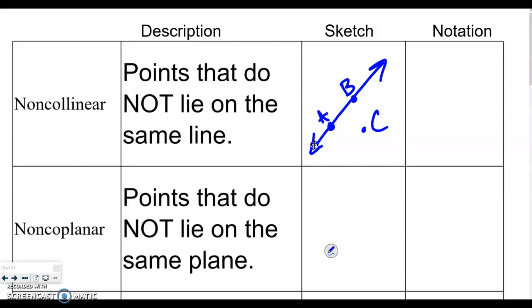So we know A, B, and C are not all on the same line. A, B, and C are not collinear.